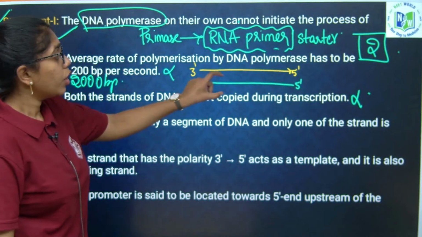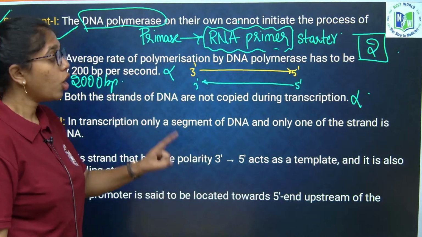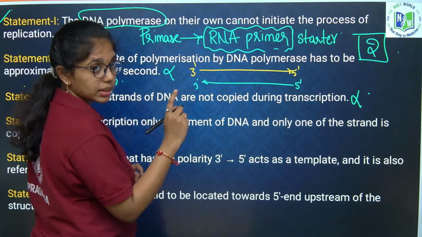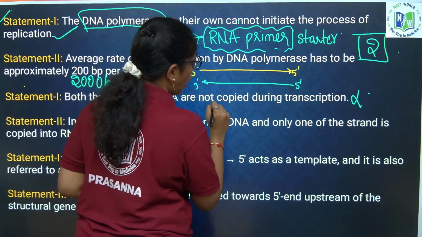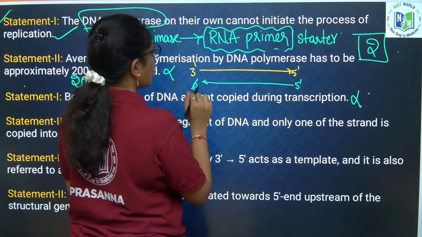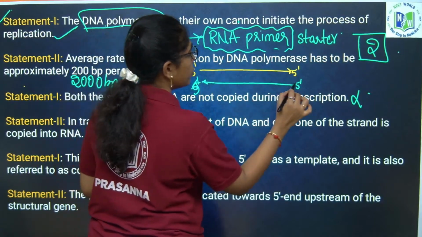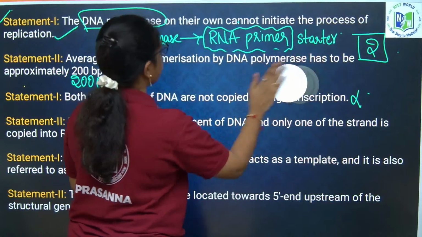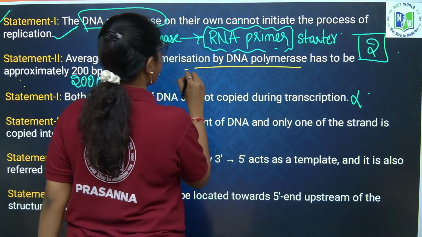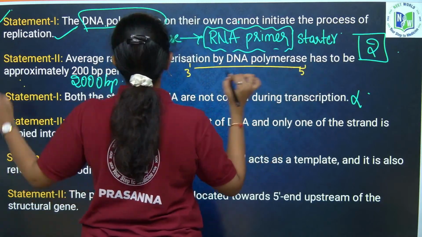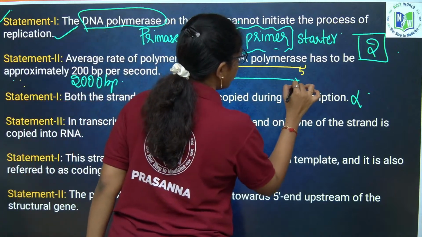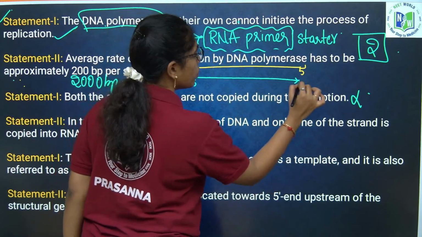During transcription only one RNA strand is synthesized, complementary to the 3 prime to 5 prime strand. Template strand 3 prime to 5 prime. Then you tell me what is the leading strand? Leading strand will be from 5 prime to 3 prime.